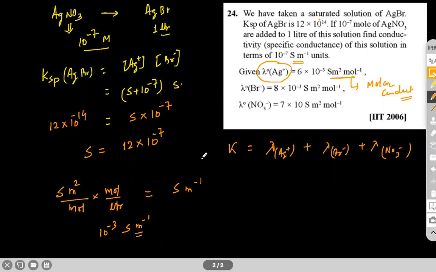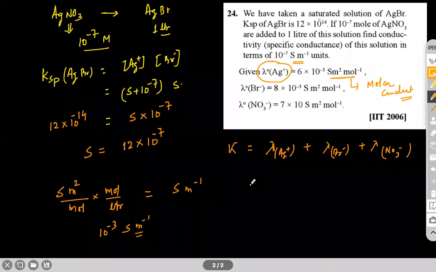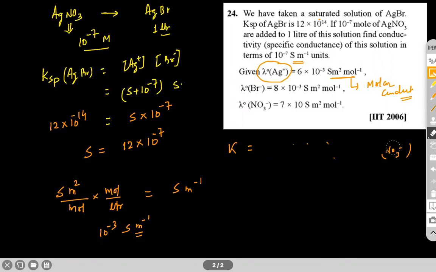So for all these, let me just correct it. The question is missing here. It is the conductivity, kappa is equal to the conductivity of all ions. That is what we need to consider, of all ions. Okay.